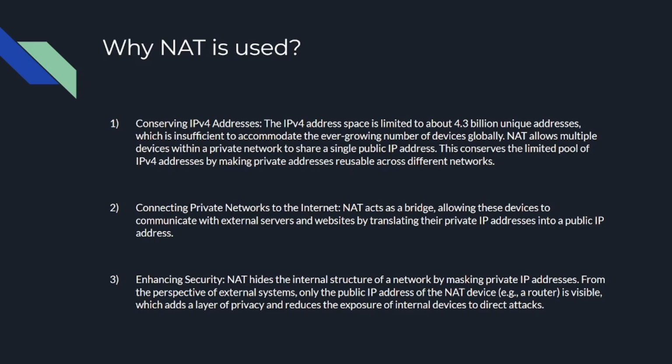And the third point is enhancing security. NAT basically hides the internal structure of a LAN. So any threat from the outside cannot easily view the structure of the LAN or the local IP of an individual device. So it gets harder to access the local device's hardware.